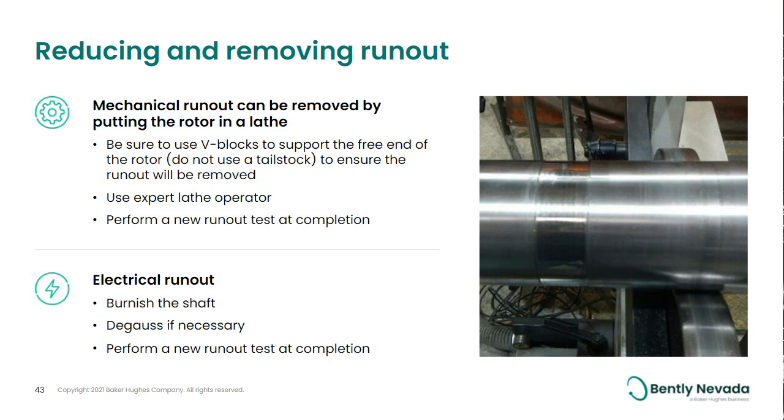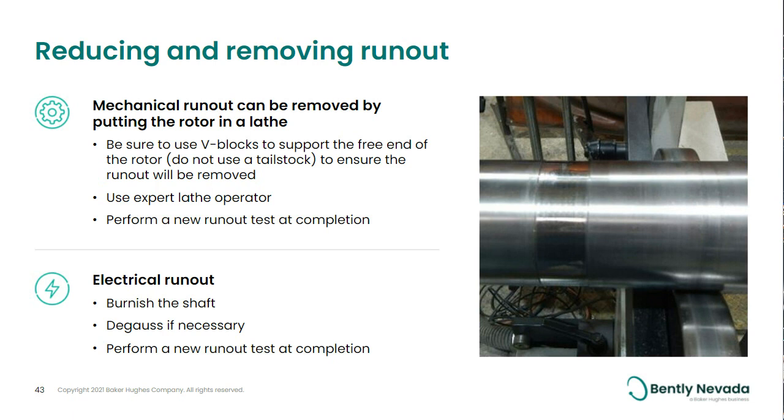If you have determined that you've got both mechanical and electrical runout, we always recommend doing the mechanical runout first. Different ways of machining can potentially induce some electrical runout effects. So you want to make sure that you take care of the mechanical side of things first before you take care of the electrical aspect of it. And to mitigate electrical runout, you can burnish the shaft.